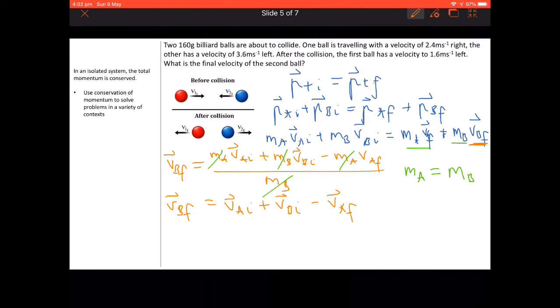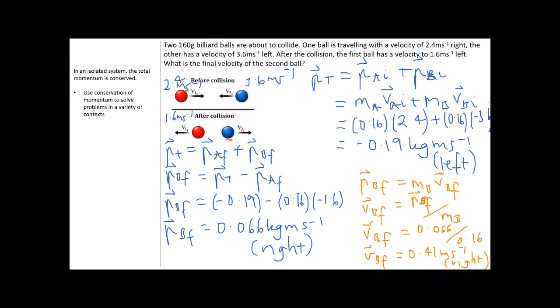Once we do that, we'll end up with the velocity of B being 0.4 meters per second to the right. And this will be slightly more precise, I'll say, compared to the previous answer.